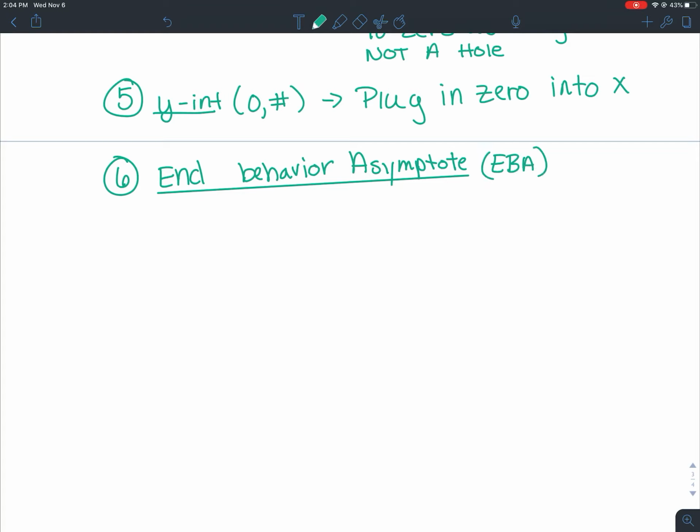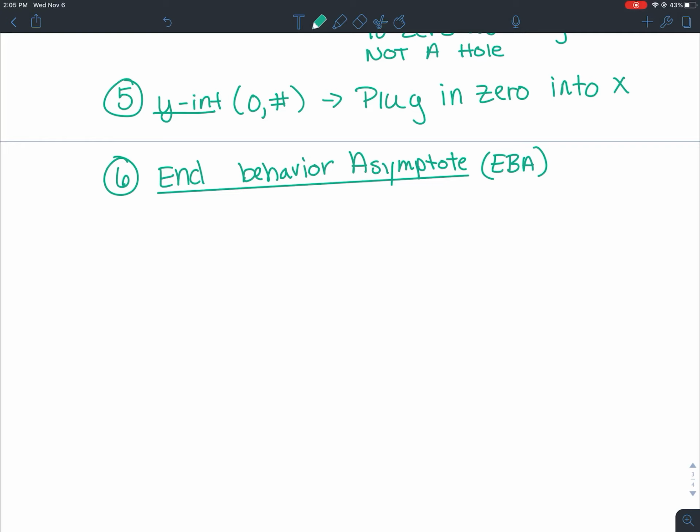Okay, so when does the EBA exist? Okay, end behavior, so horizontal asymptotes are end behaviors. So when there's none, we have an end behavior asymptote, but it's different than the horizontal because there isn't a horizontal, but something's controlling the ends. So when does the end behavior asymptote exist?